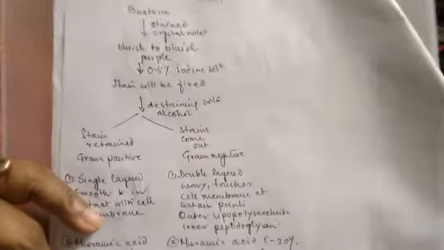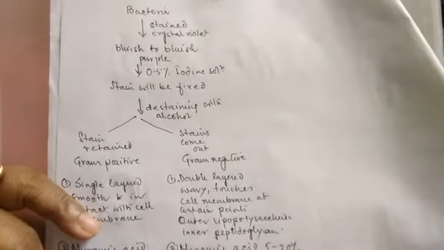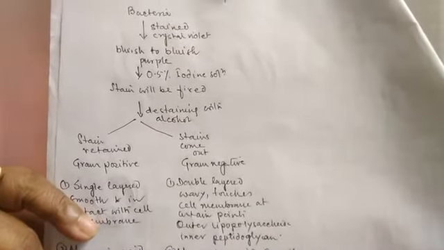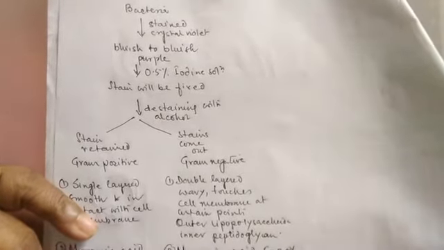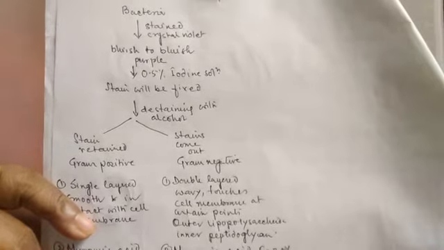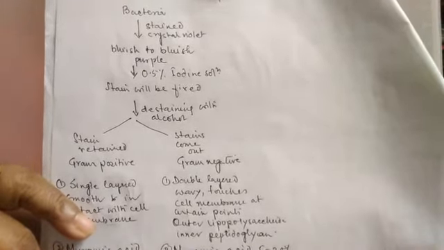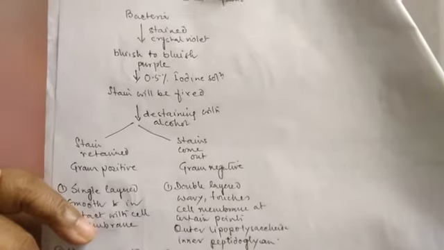Now we have seen that the bacterial cell wall is generally made up of peptidoglycan. Now children, depending on the content, that means what percentage of peptidoglycan is there, the cell wall can be of two types.